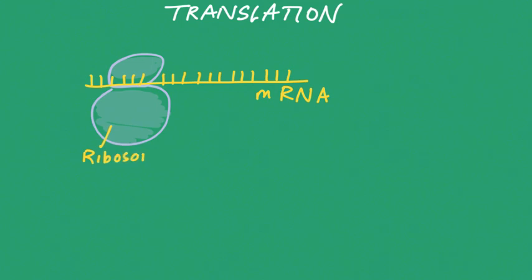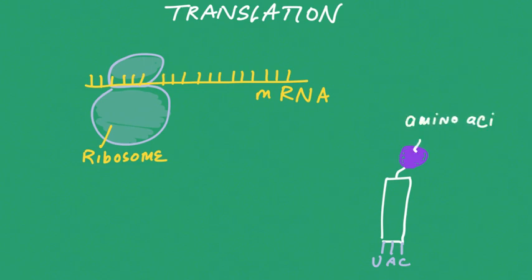At one end, it picks up an amino acid, and at the other end, it has an anticodon, which is complementary to the codon in the mRNA. There are several different types of tRNA, and each tRNA is highly specific to an amino acid.